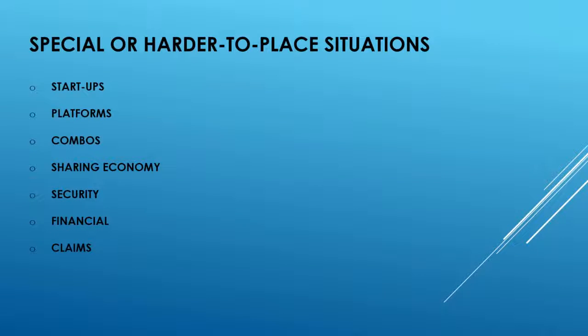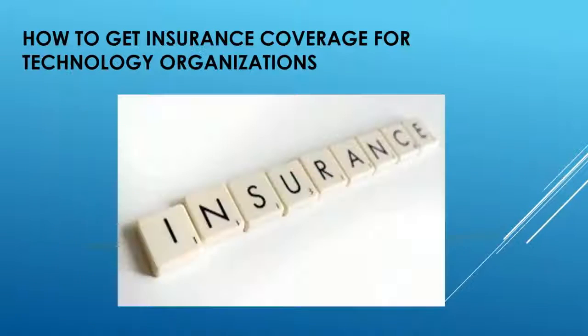All right. Let's end here by asking you, how do you get insurance coverage for technology organizations? Easy question. Well, of course, it's an easy question. The answer is always a little more complicated. Typically, the process works, as with all specialty insurance accounts, with some sort of application that gives information to an underwriter to be able to assess the risk.